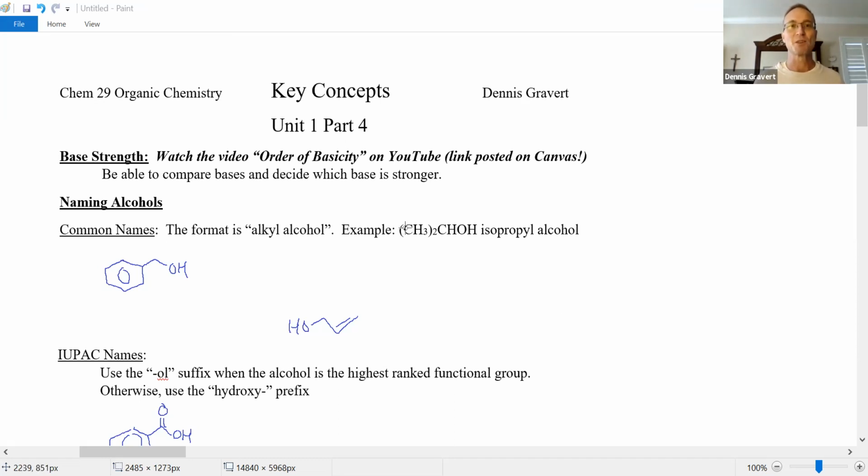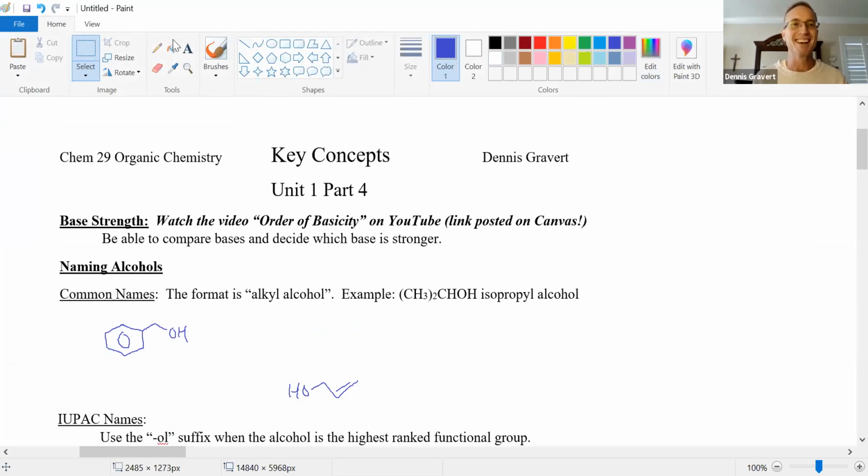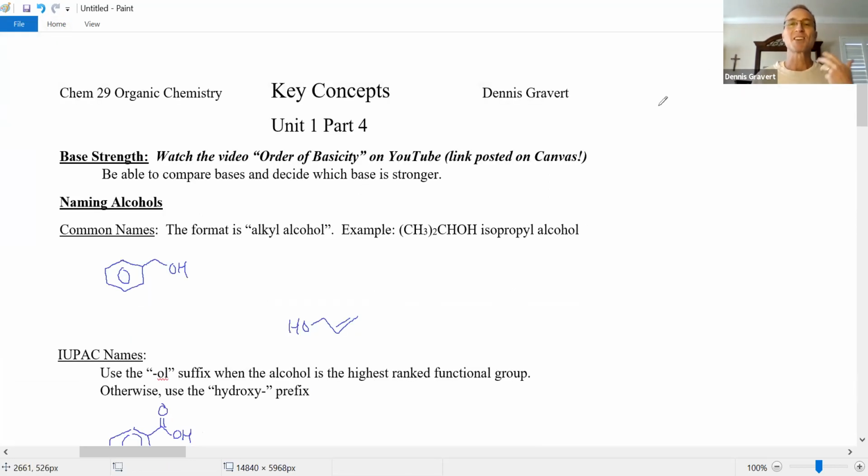Okay, so Unit 1 Part 4 of our key concepts begins by talking about acids and bases again. You can never get away from those. So it turns out an alcohol, like water, behaves like a weak acid and a weak base, right? Water can donate H+, alcohols can also donate H+.